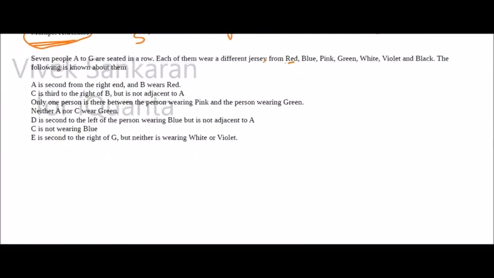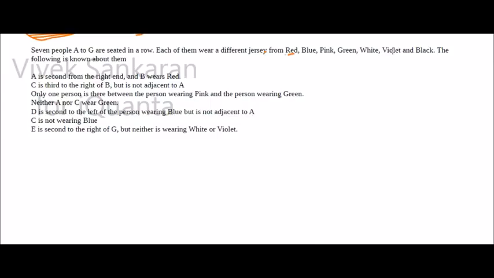Now it says 7 people A to G are seated in a row. Each of them wears a different jersey: red, blue, pink, green, white, violet and black, and the following is known about them. So you have 1 2 3 4 5 6 7.